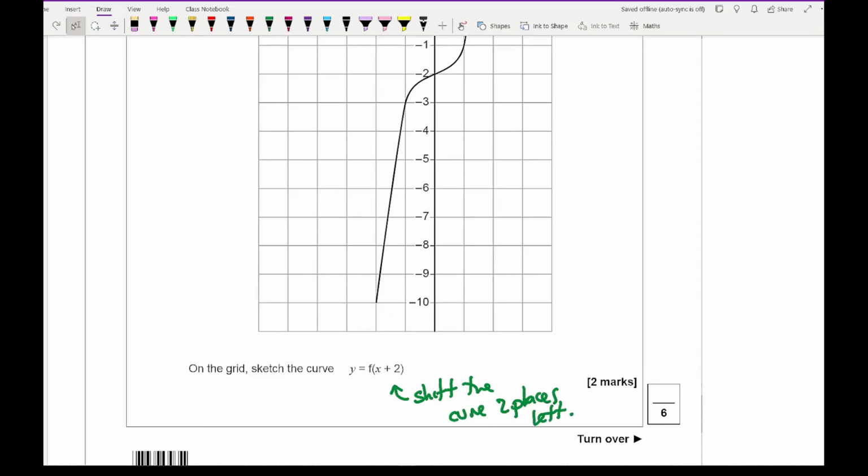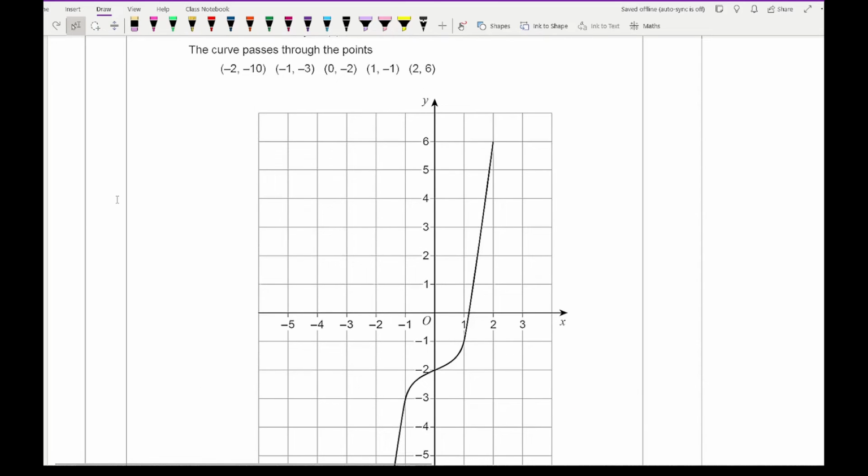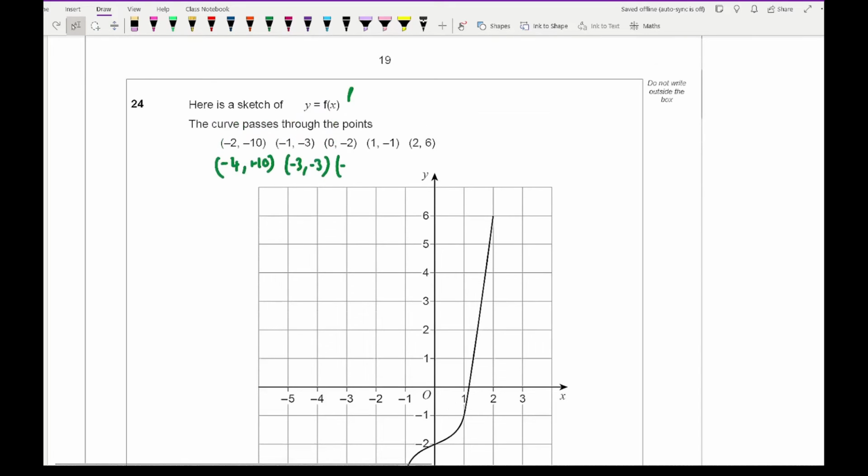So for the x ordinates, I'm going to take away 2 from each of them. That's going to be -4, -10. That's going to be -3, -3, -2, -2, -1, -1, and 0, 6.